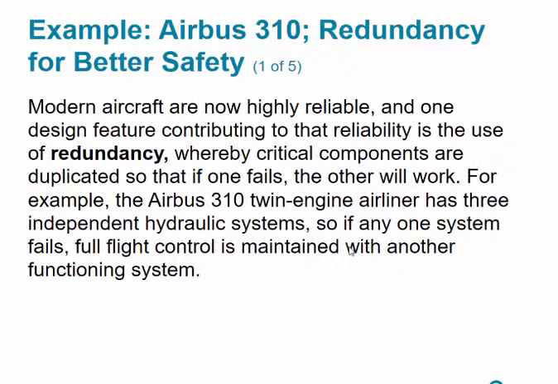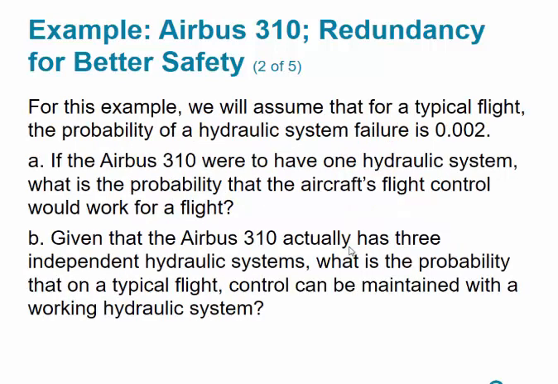Modern aircraft are now highly reliable, and one design feature contributing to that is what they call redundancy, whereby critical components are duplicated so that if one fails, the other one will work. For example, the Airbus 310 twin-engine airliner has 3 independent hydraulic systems. So if any one system fails, full flight control is maintained with another functioning system.